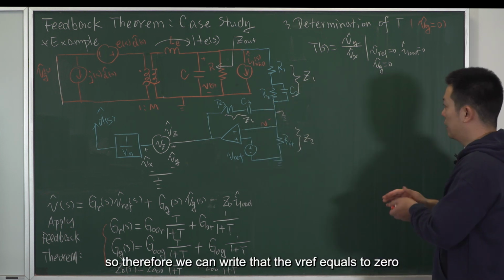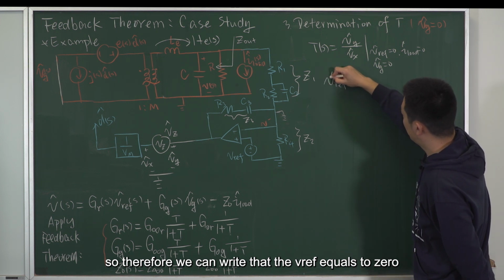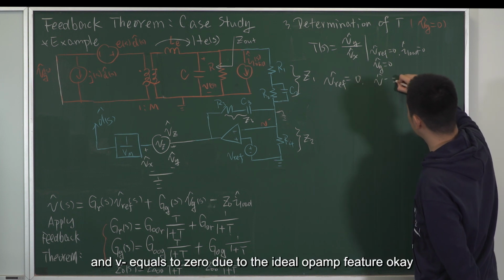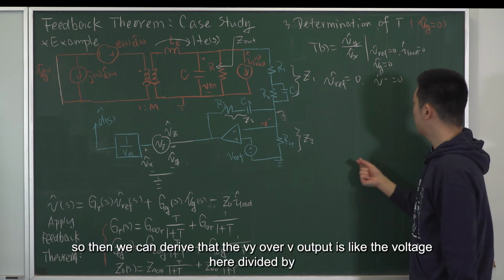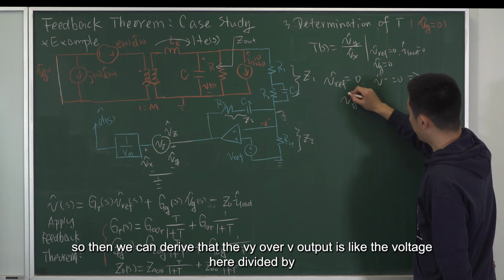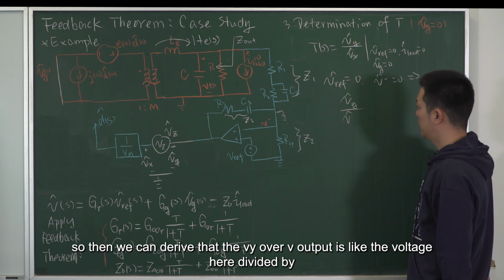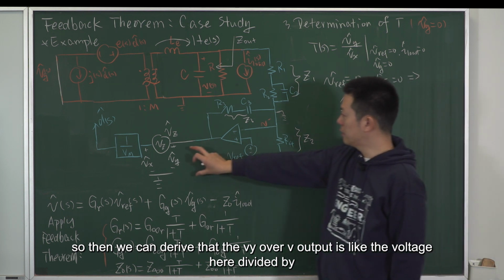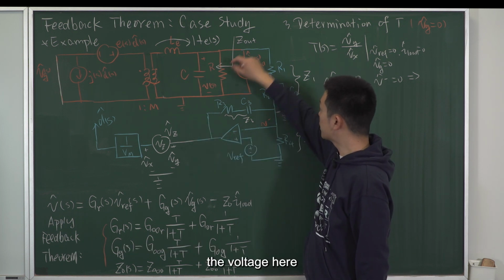So, therefore, we can write that the Vref equals to 0, and the V minus equals 0 due to the ideal op-amp feature, right? So then we can derive that the Vy over V output is like the voltage here divided by the voltage here.